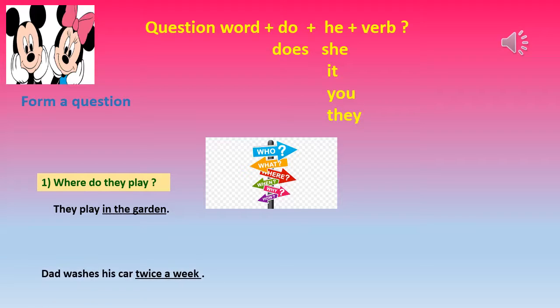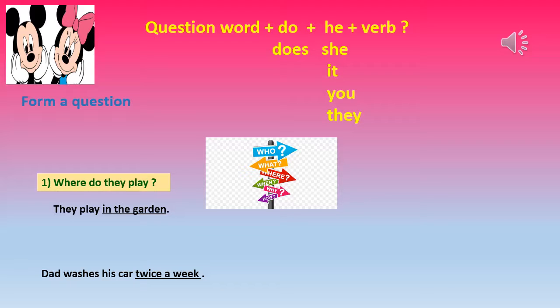Example 2. Dad washes his car twice a week. I underline for you twice a week. I told you before, when I see it once or twice or three times, I'm going to put how often. So the question word will be how often.